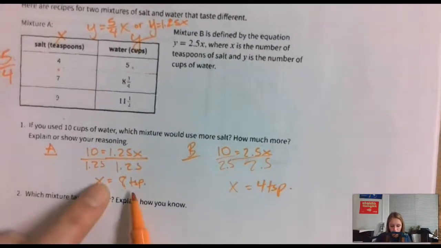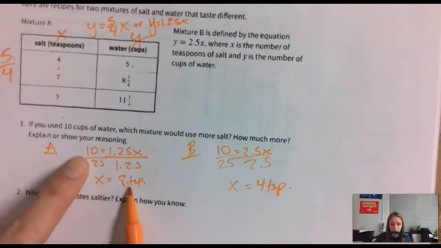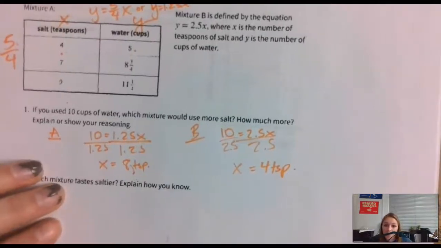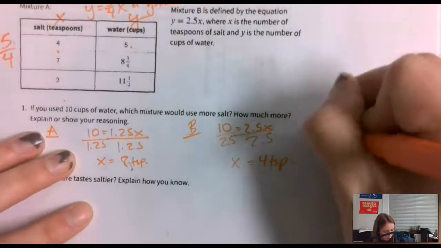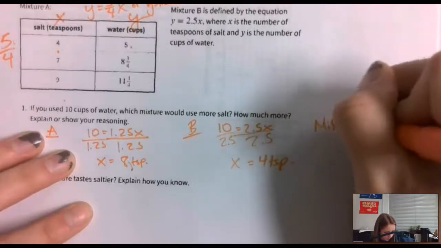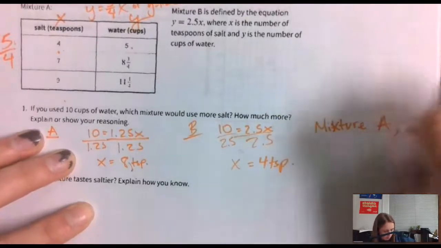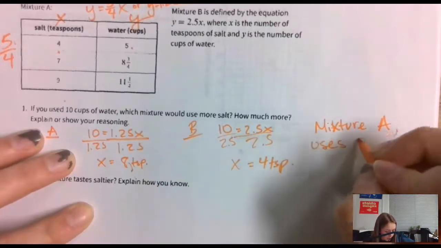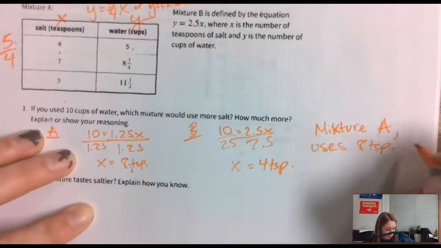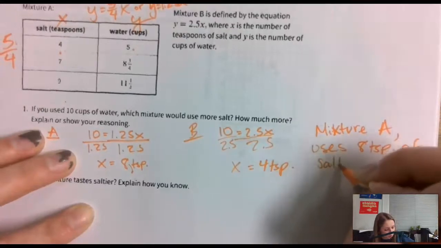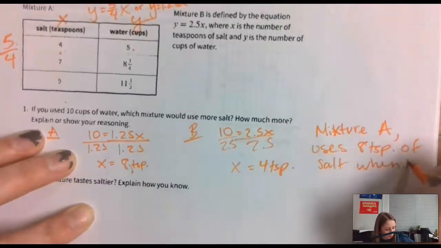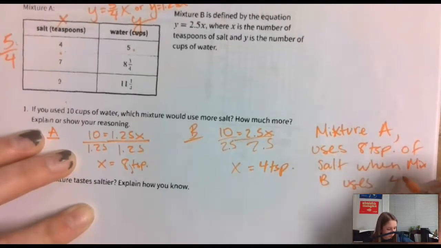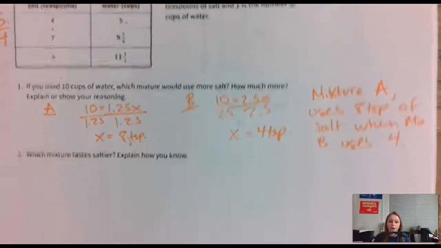Well, for 10 cups, we used 8 teaspoons for mixture A. So it would be mixture A, because it uses 8 teaspoons of salt when mixture B uses 4. So that is how we know.